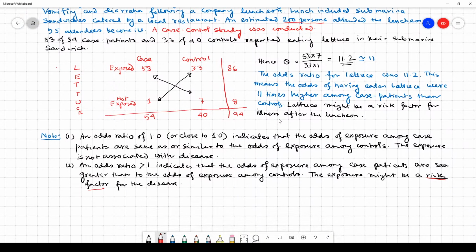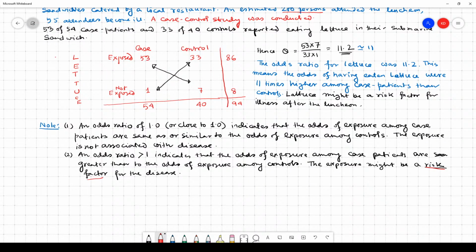Risk factor is something that increases a person's chances of developing a disease.